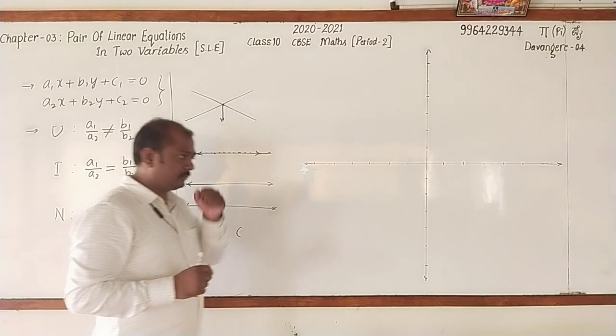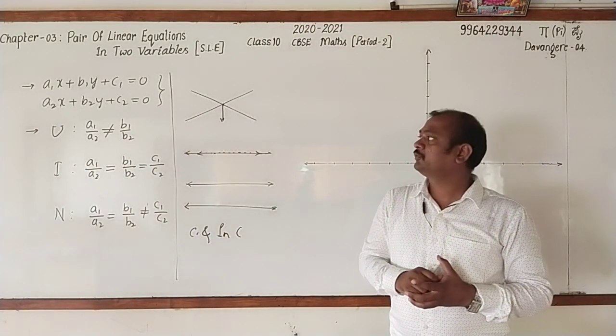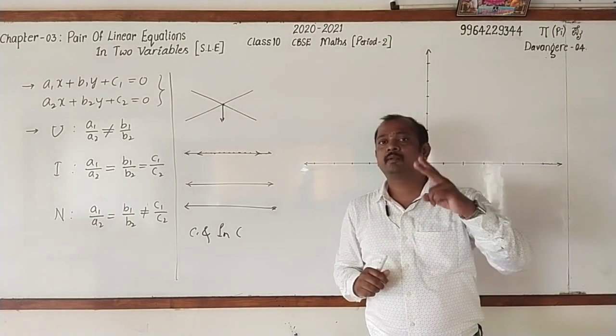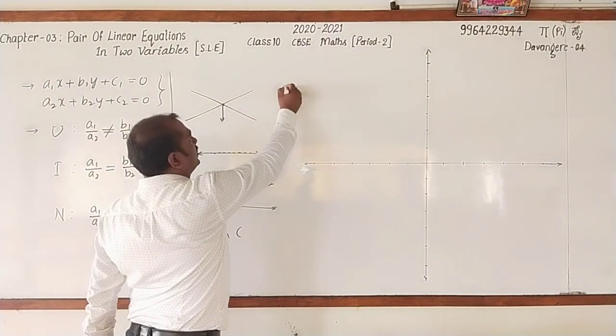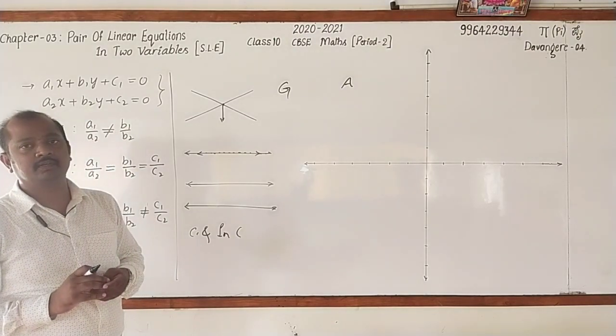Then after that, we were focusing on finding the solution of pair of linear equations in two variables. There are mainly two methods. What are those? One is the graphical method, second one is the algebraic method.